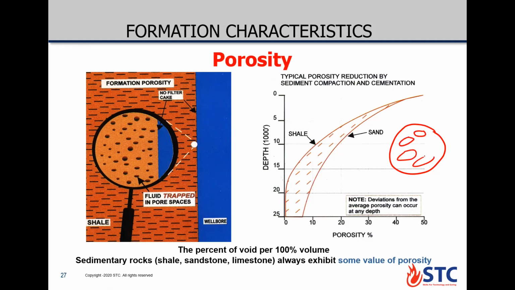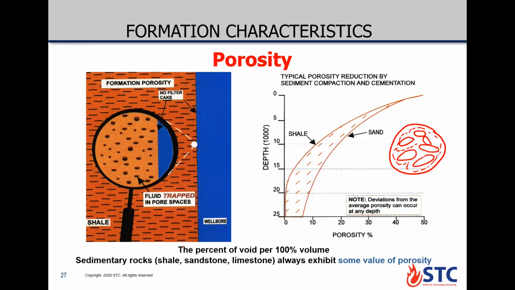The pore space is the space between the grains, like this. Here we can store fluid in the pore space. So the volume of the pore space over the rock volume is called porosity. So the porosity is what? It is the percent of the void space within the rock.